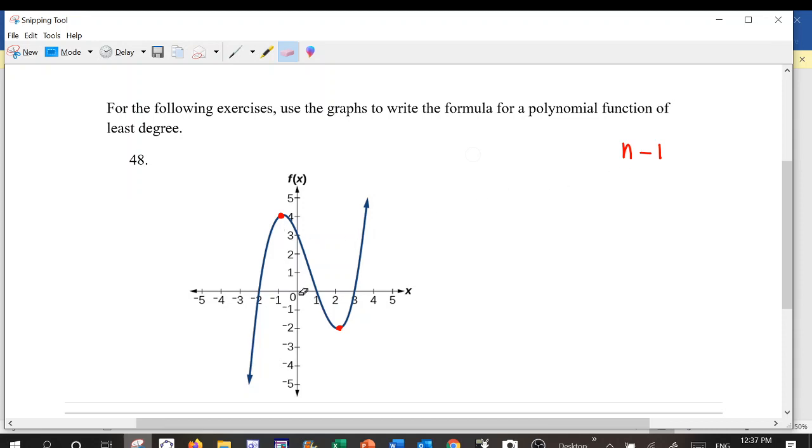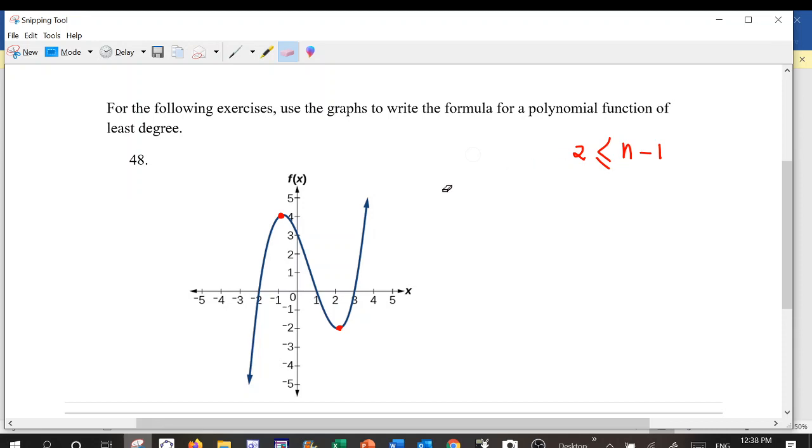So this has 2 turning points. The number of turning points is always less than or equal to n minus 1. So an nth degree polynomial can have n minus 1 turning points or fewer.